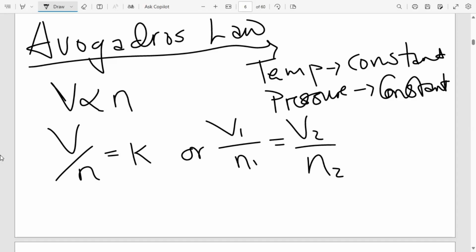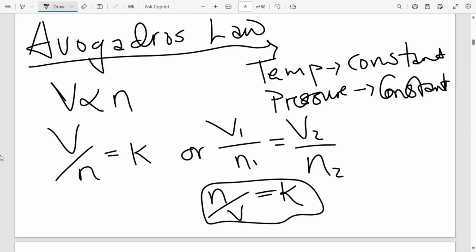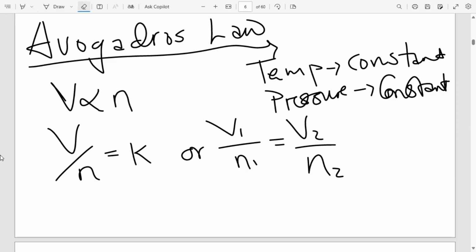You can interchange this since the ratio isn't changing anyway. We can also say N over V is equal to K. So that is the relationship between the volume of a gas and the number of moles as explained by Avogadro's law.